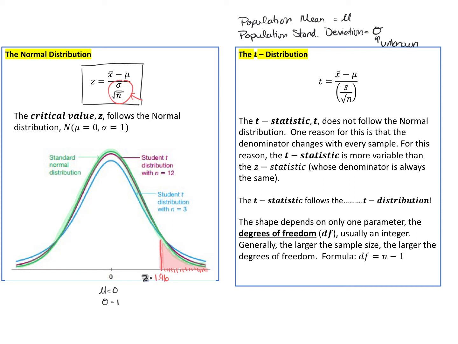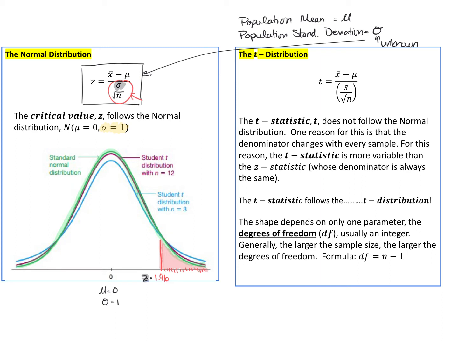If we don't know the population standard deviation, then notice that I cannot use this formula here to calculate z-scores, because this formula requires that I know sigma. And if sigma is unknown, then I also can't use the normal distribution, because the normal distribution calls for us knowing sigma. So what do we use instead?